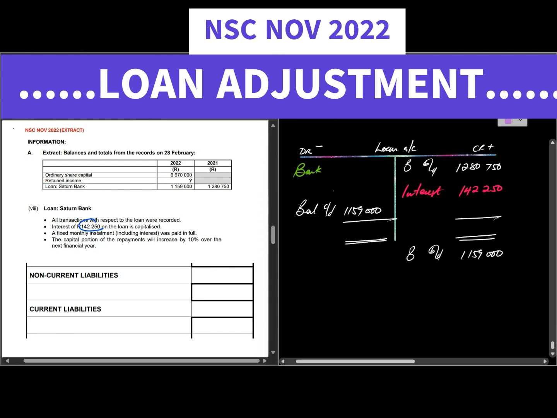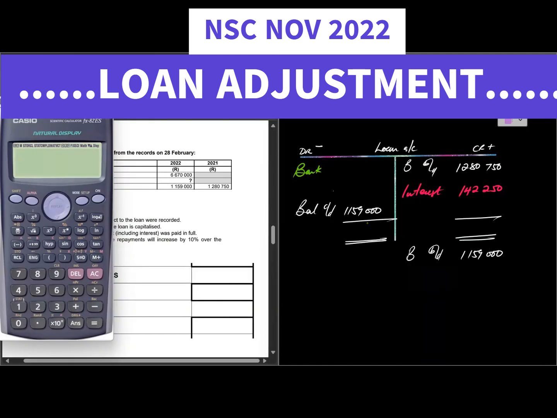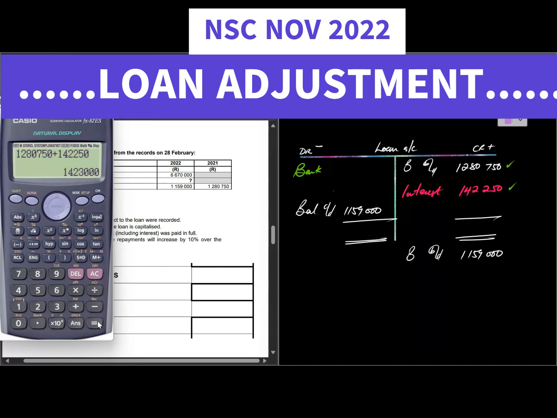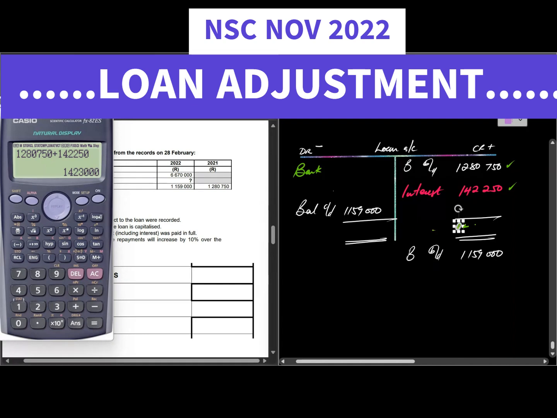For me to get that one, I'm now going to close off my ledger account. I'll say 1,280,750, which is this one here, plus the interest, which is 142,250. That gives me 1,423,000. Let's do that again.